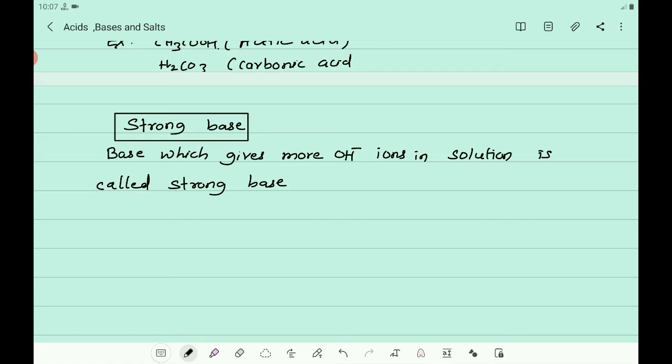The bases undergo complete ionization. Complete dissociation in water forming more OH minus ions are called strong bases.